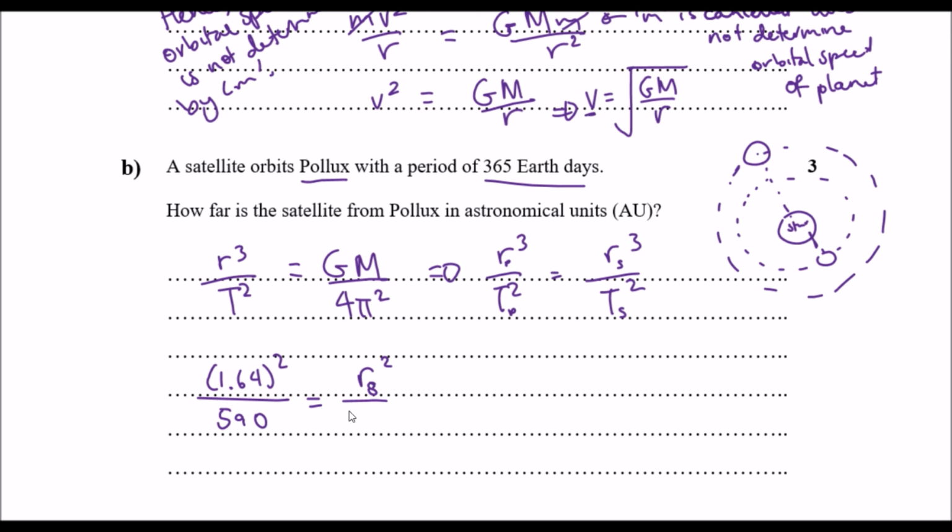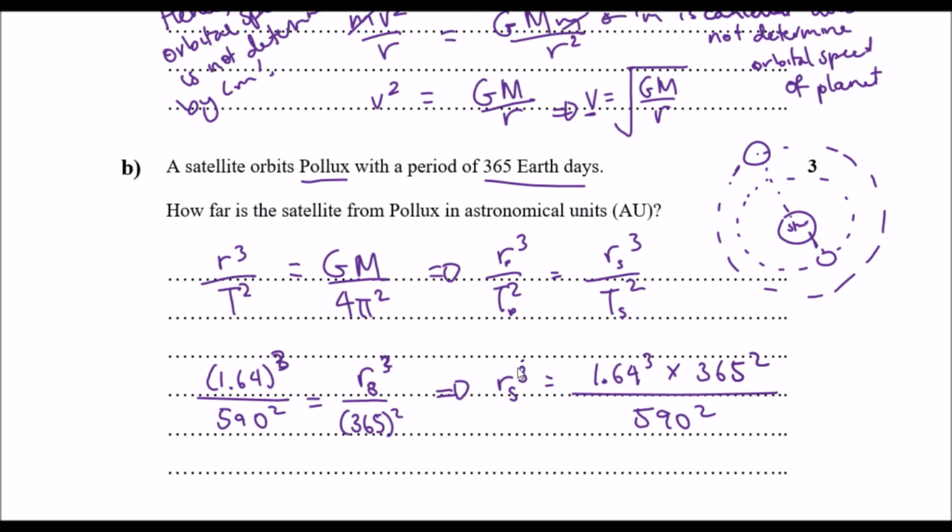We know the time period of this one is 365 squared. Oh, that should be r cubed over t squared. Okay, so let's rearrange our equation. It becomes r cubed for our satellite equals 1.64 cubed times 365 squared divided by 590 squared.